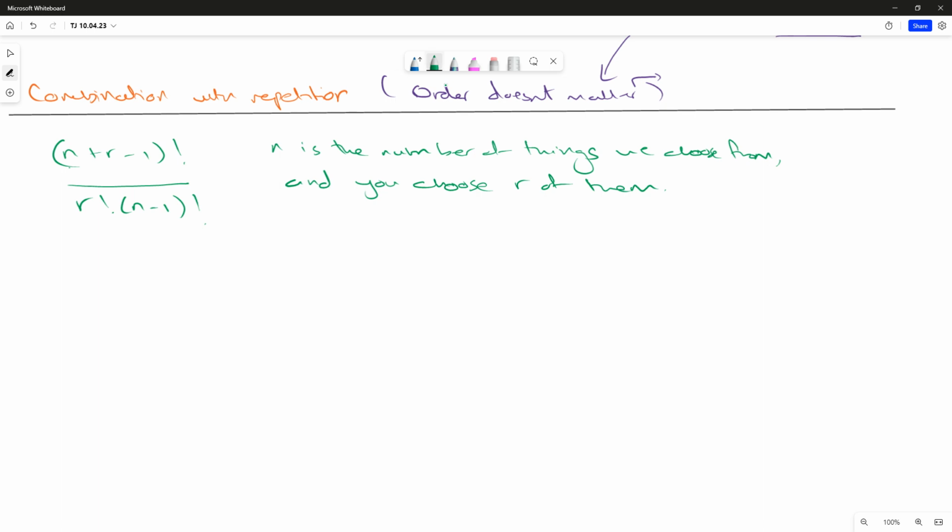So example of this would be if there are, let's say, five flavors of cool drinks, and you have three of the flavors.